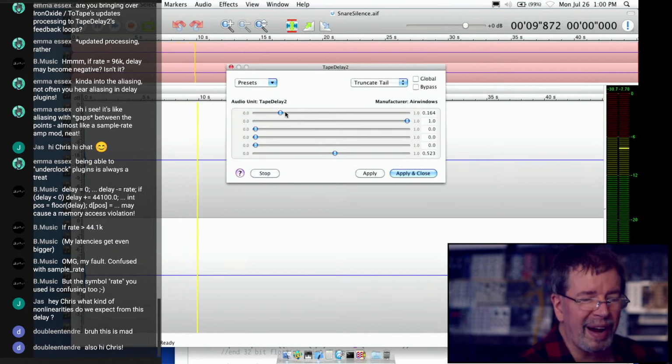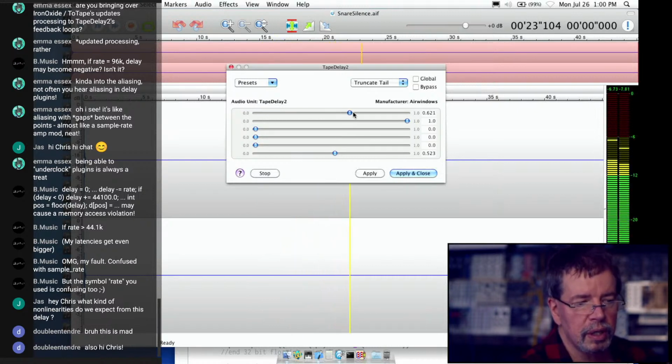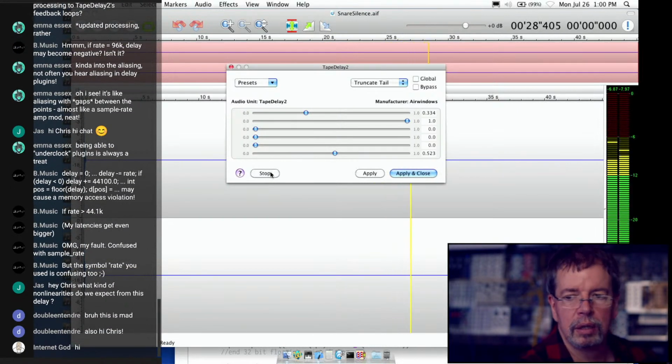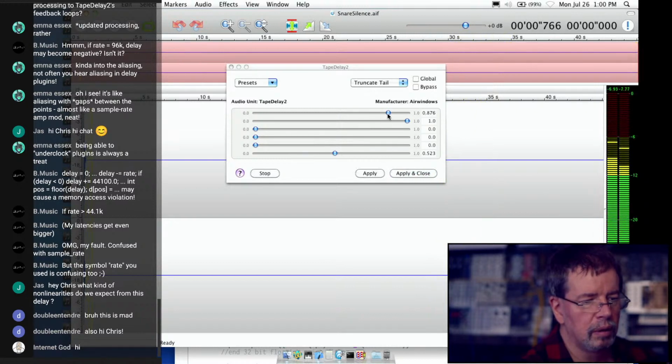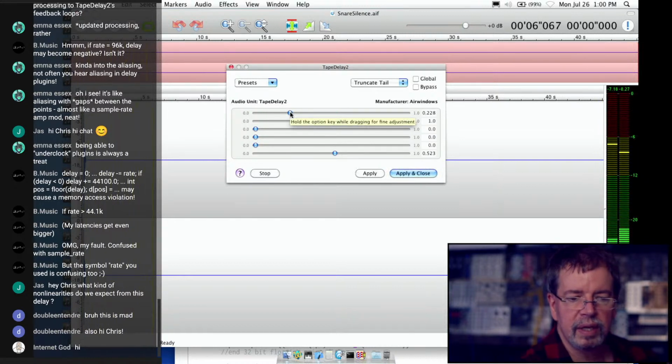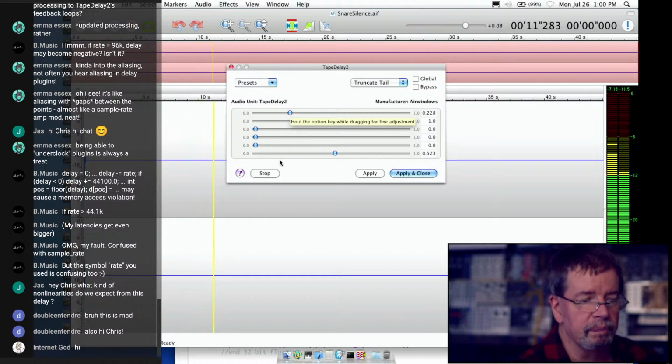I think that sounds a little rattly. Surely it should be smoother than this. Yeah, that's more edgy than it should be. I hear so many high frequencies in there, that can't be right.